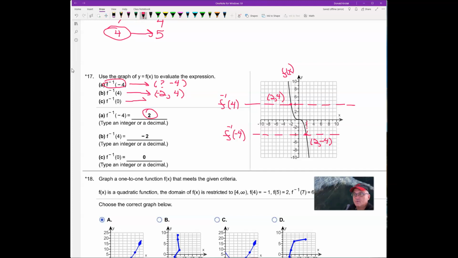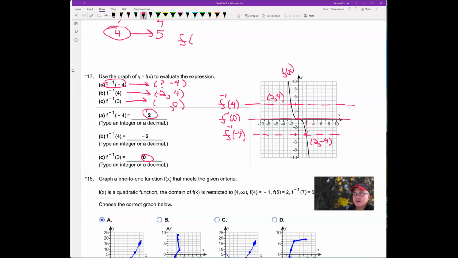And then the last one, since that's an inverse, then 0 is the y coordinate. And that's the horizontal line that I would draw to answer this one, and my x-coordinate is also 0. All right?